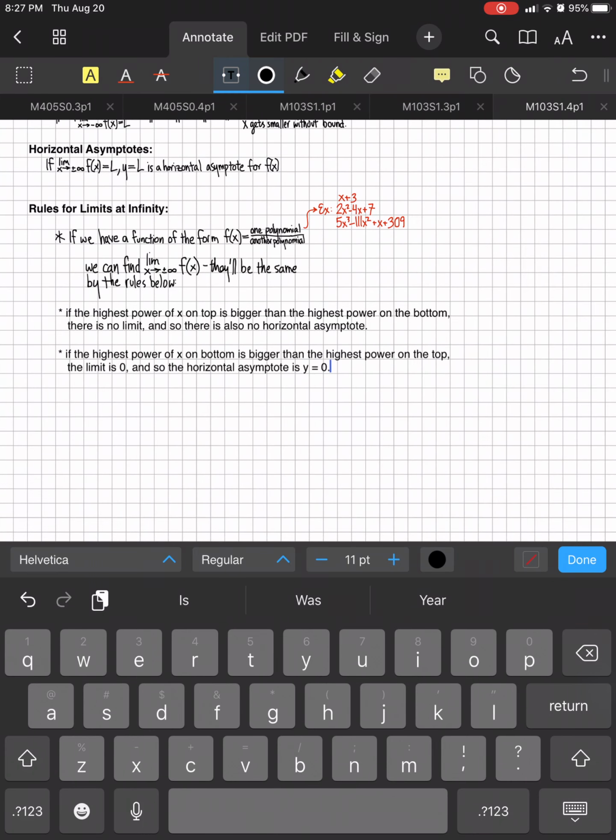So we have a second situation here. The highest power on the bottom is bigger, then the limit is 0.